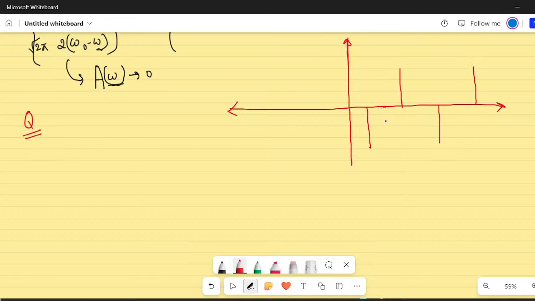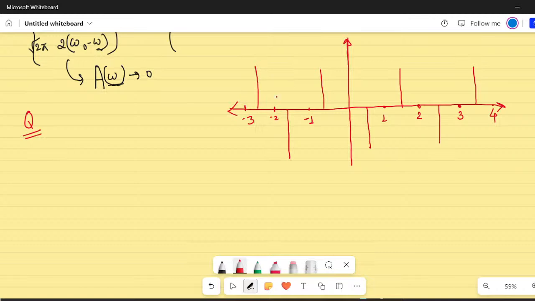This is 1 here, this is 2 here, this is 3 here, this is 4 here, so on and so forth. And similarly you will have a graph here as well: minus 1 here, minus 2 here, minus 3, so on and so forth.